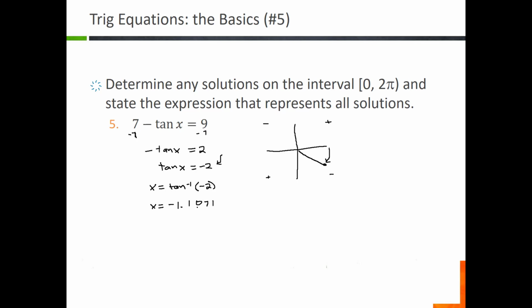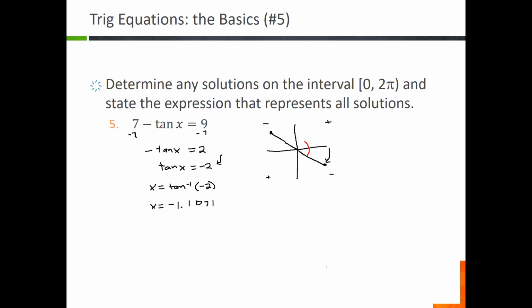It's not within the interval that we want. So how do we find the answers that are? The nice thing with tangent is we just need to go halfway around the circle. If you're in the fourth quadrant, you can get into the second quadrant by adding pi, because it makes a 180-degree angle.